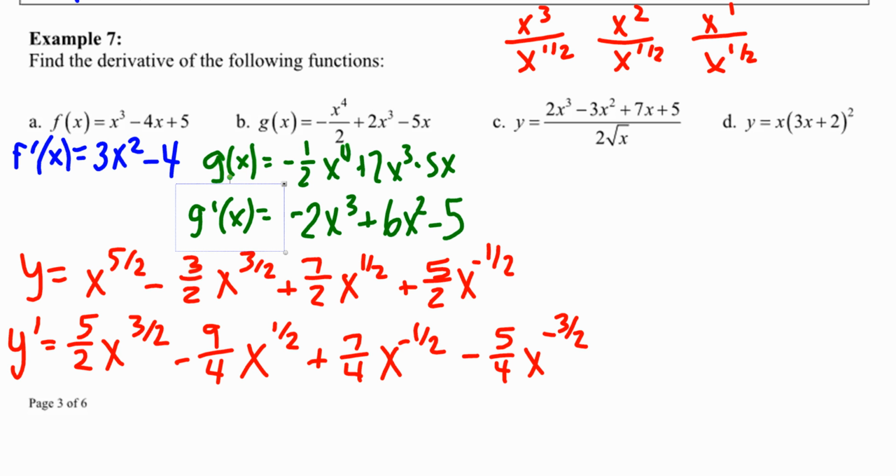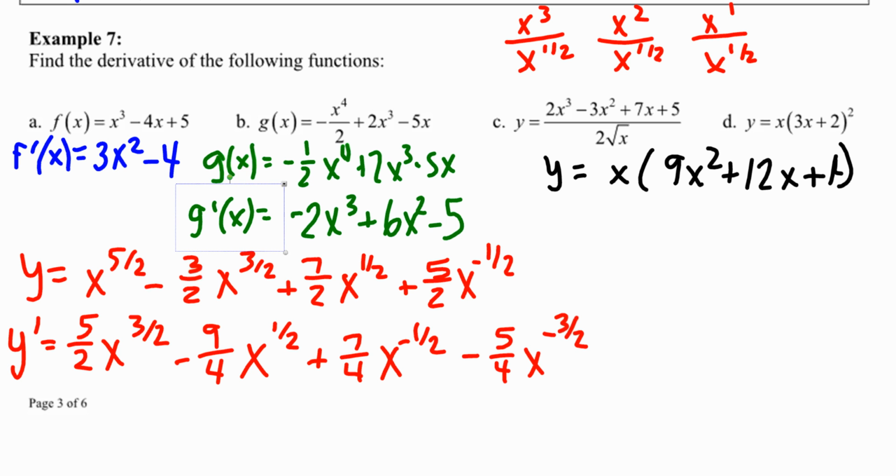Alright, now since we don't have a product rule yet, the only way we can do part D is to multiply it out. So we have 9x squared plus 12x plus 4. Hopefully I did that right. I think I did. Yeah, that looks fine.